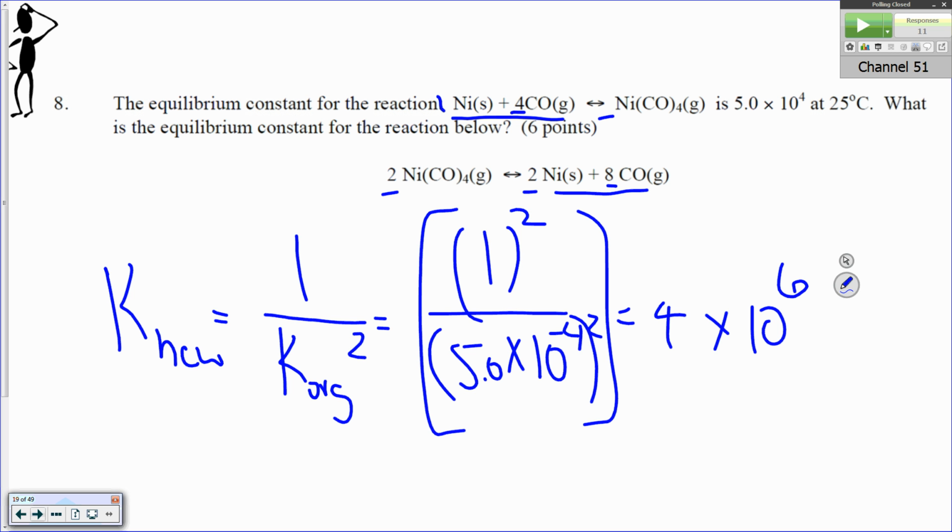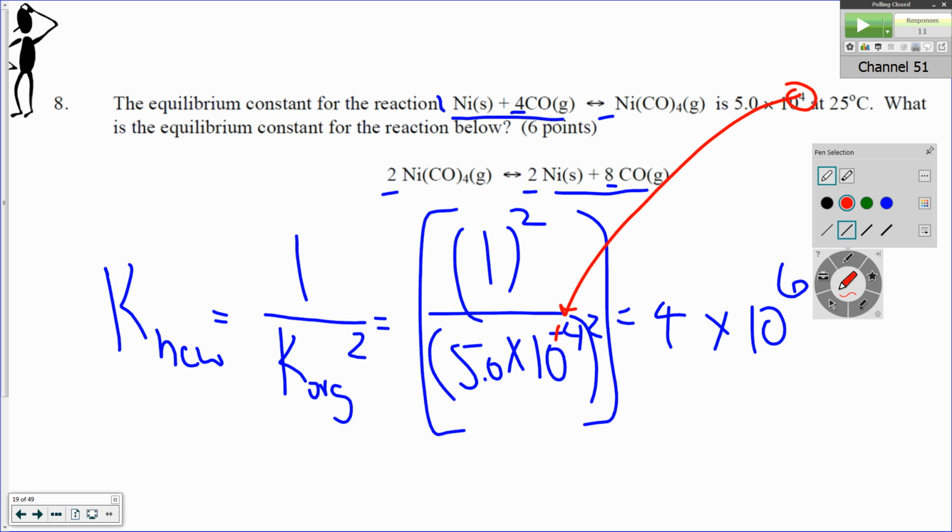To the 4th. Squared. Oh, no, I didn't. So, oh, I see my typo. Positive 4th, negative 4th. That needs to be a positive. When that becomes a positive, that makes all the difference in the world.